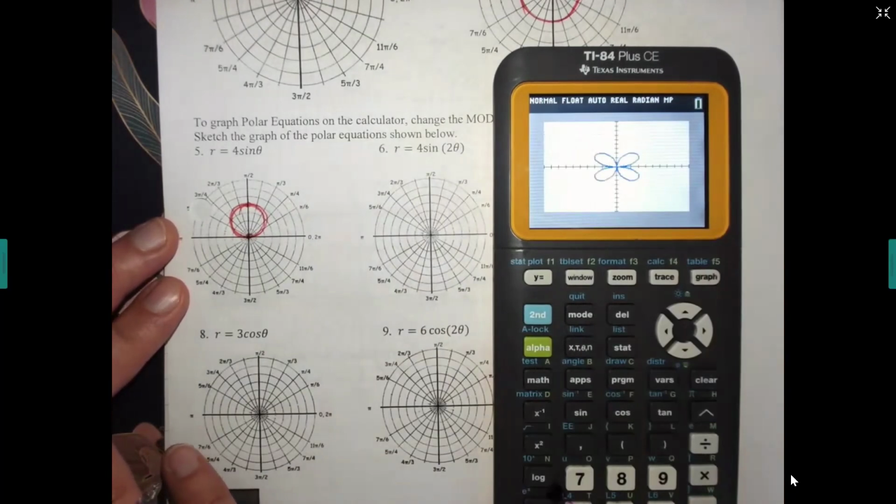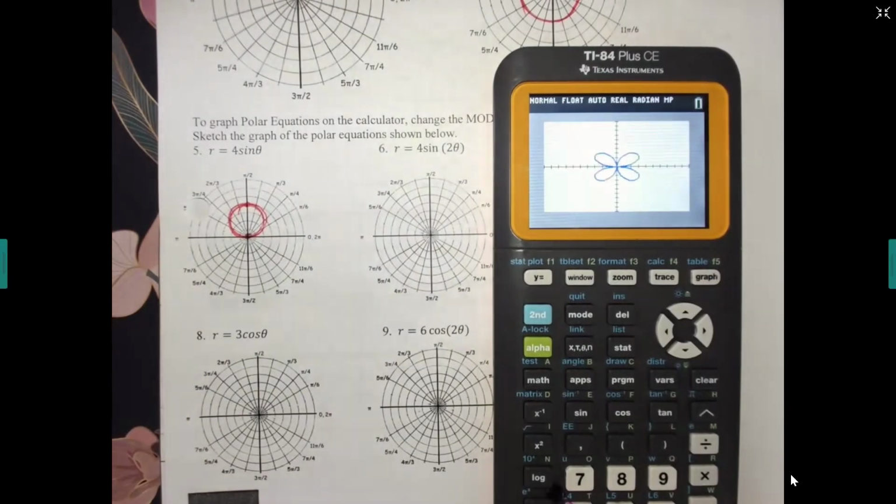Okay, now when you draw your flower, the length of this petal, they're called petals usually, is going to be what this number is in the front. So you'll notice that on this one, your petal, even though it's literally just a flower with one sad little petal, is 4 long. That should be the same case for this graph here.